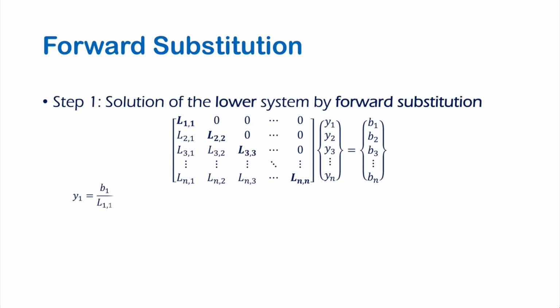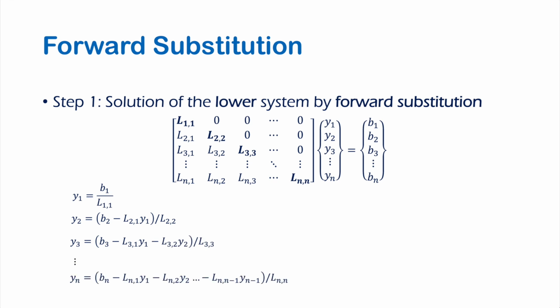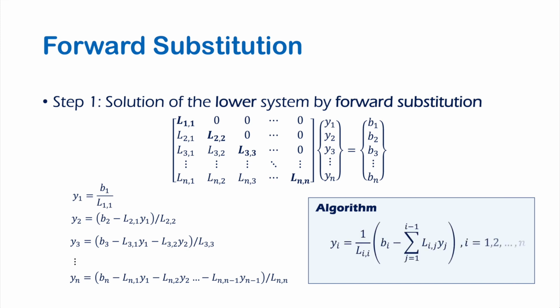For example, the value of y1 can be found from row 1. y2 is calculated by substituting the value of y1 multiplied by its coefficient in the second row. And the same procedure continues to the last row. By observing the indices of the elements in each step, we can write the general algorithm. Notice that the summation value does not exist if i is equal to 1. So we get the correct value for y1.